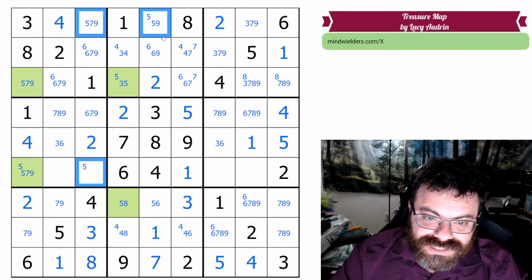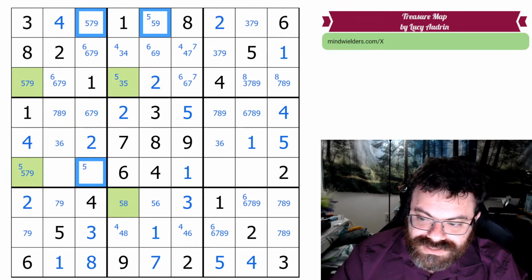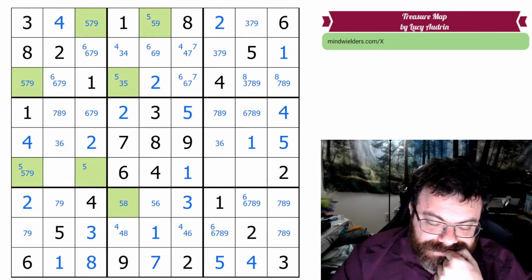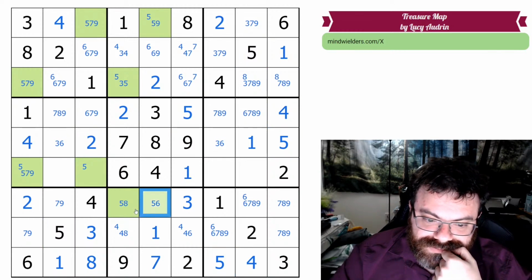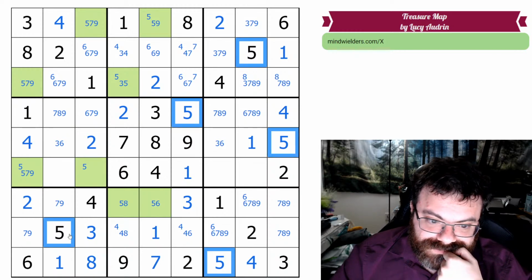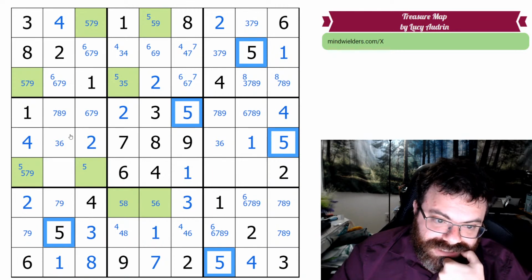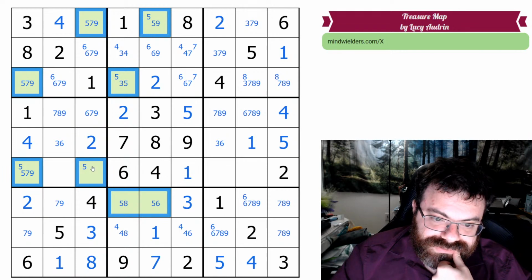I'm just gonna mark all the 5s. I think that's it, actually. Oh, this one. We have them in this stack. Yeah, so I don't think 5s are going to be interesting.